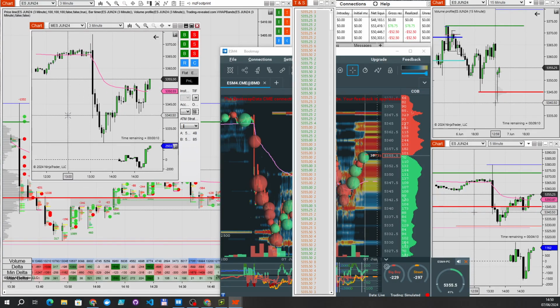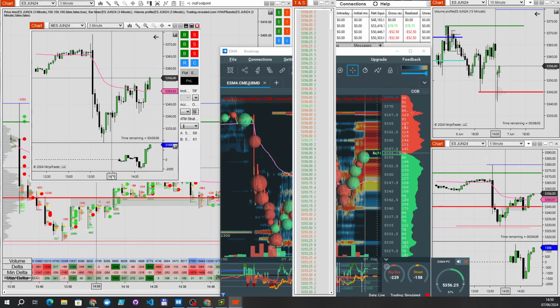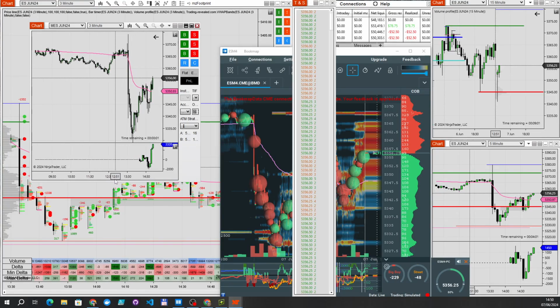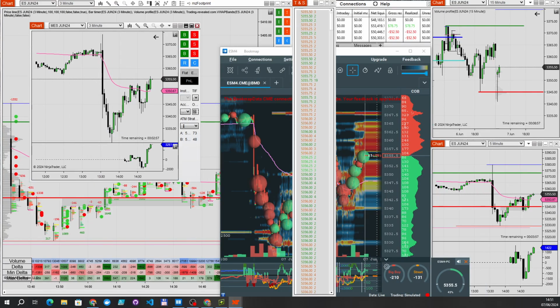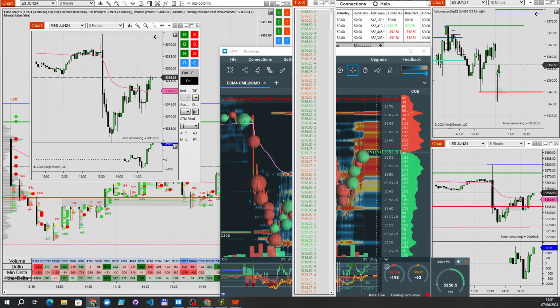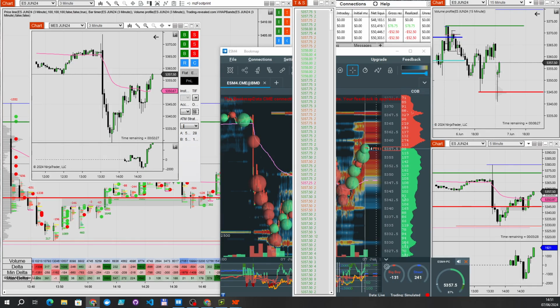Buy the dip situation. Yeah. This market is going against dollar.